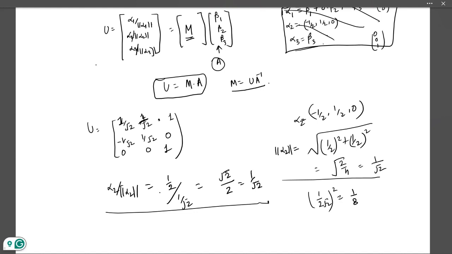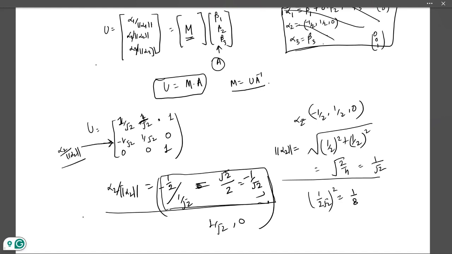Correct. Here this is minus 1 by root 2, comma 1 by root 2, comma 0. This is the first entry, meaning this is what is written: alpha 2 by norm alpha 2.